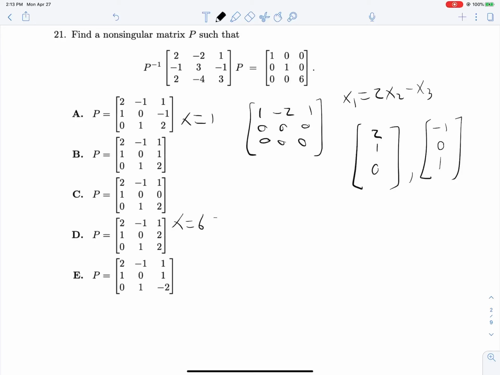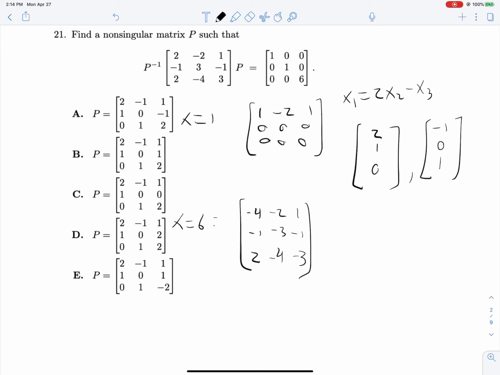For lambda equals 6, what will A minus lambda I give us? We will get negative 4, negative 2, 1, negative 1, negative 3, negative 1, and 2, negative 4, and negative 3. Let's row reduce this.